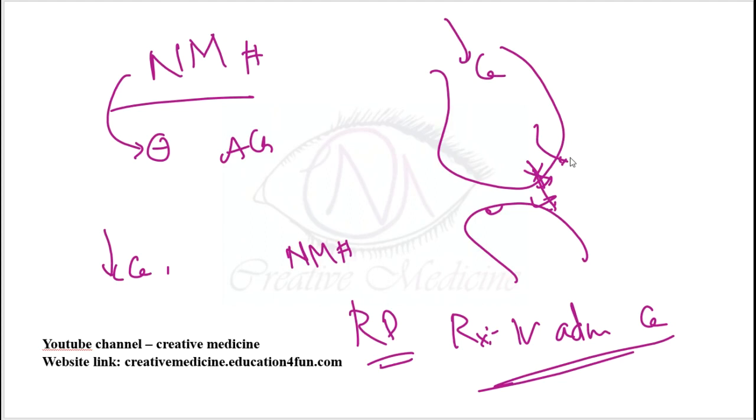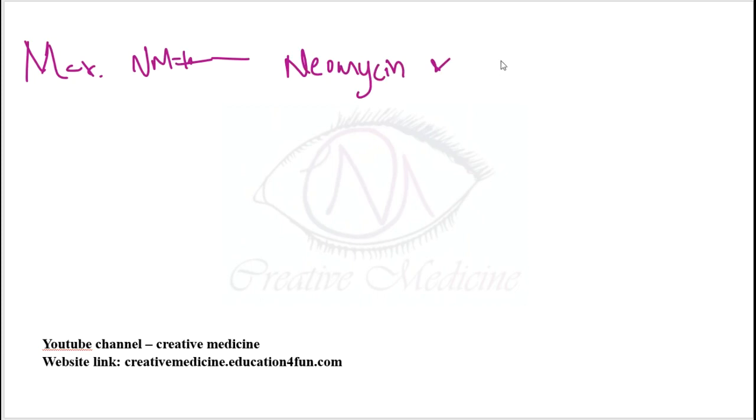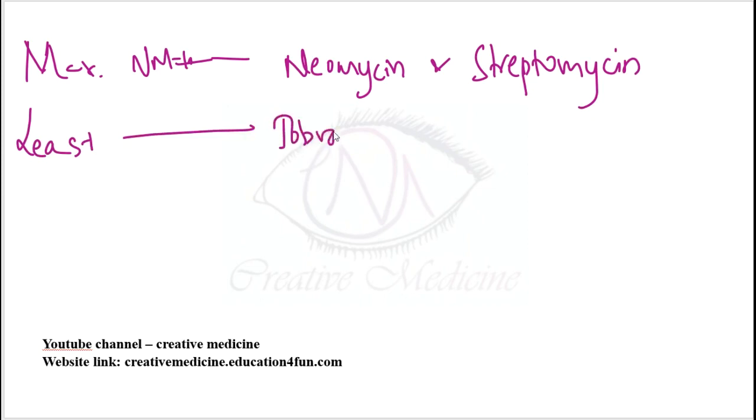Which aminoglycoside causes maximum neuromuscular blockade? Maximum neuromuscular blockade is by neomycin and streptomycin, whereas least neuromuscular blockade is by tobramycin.